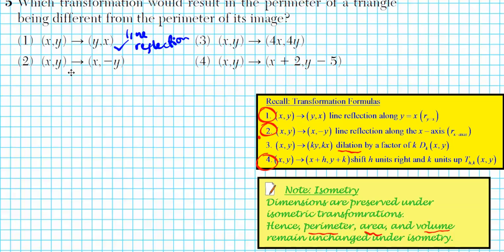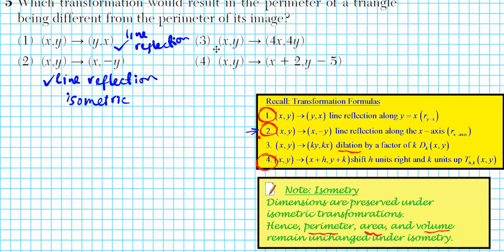Number 2, in this transformation, you're just changing the signs of the y coordinates. This is a reflection about the y-axis. I'm sorry, the x-axis as indicated in Formula 2. This is a line reflection. Okay? And guess what? Line reflections, even point reflections, are isometric. This is isometric also. Just like option 1.